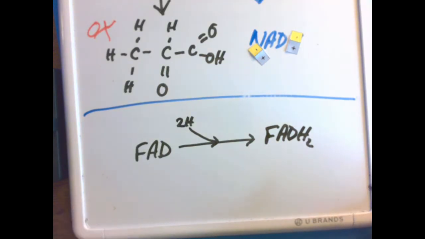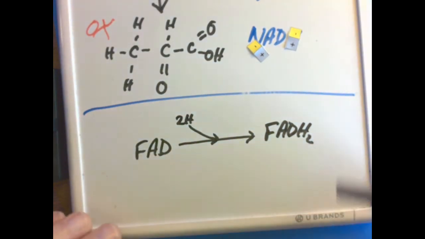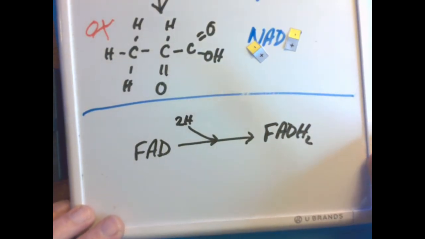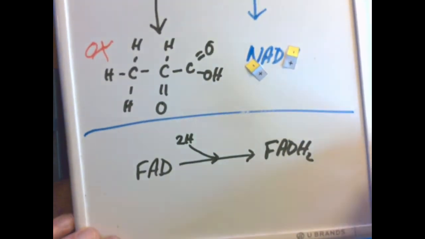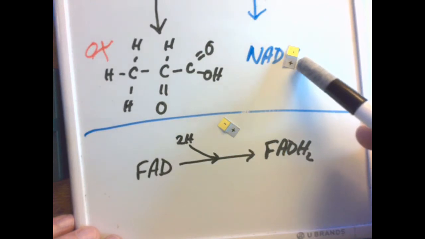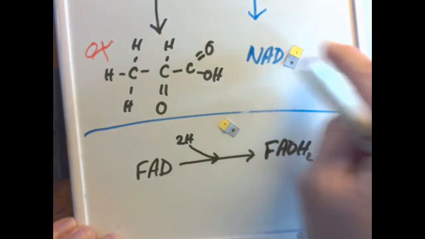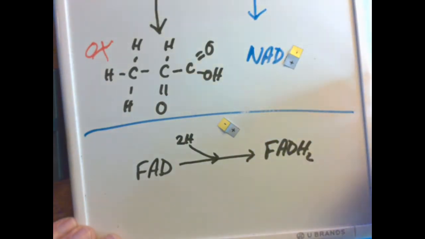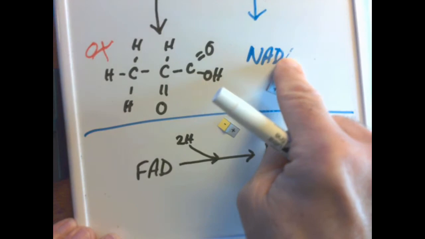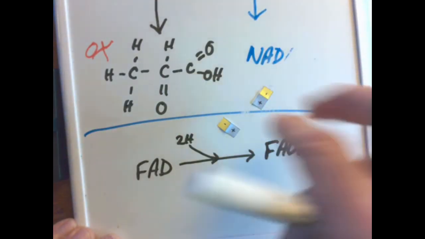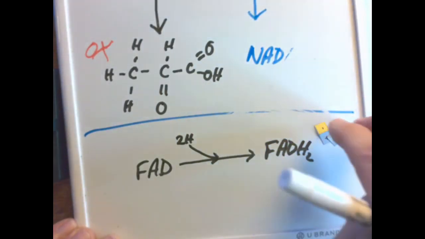Now, the nice thing about these coenzymes is the following. If I give NAD a hydrogen and then would like it to return that hydrogen to me later on, it will. I'll say, hey, hold this hydrogen temporarily. Later on, I might need it, and I'll say, give me that hydrogen back. And it'll say, sure, I'll give it back to you. Likewise for FAD.